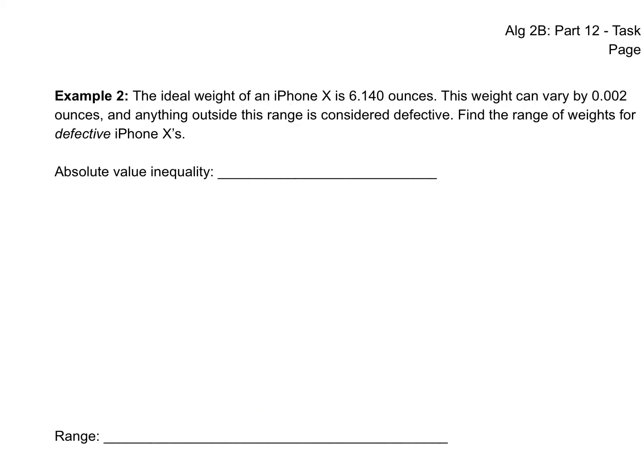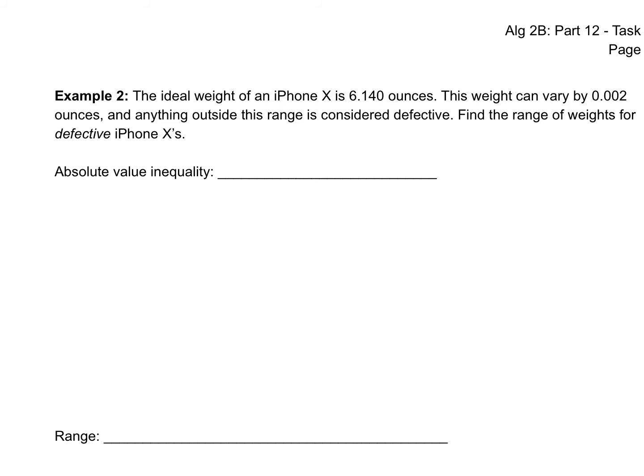Now, let's look at example 2. This is going to be the other type we're going to see. It says the ideal weight of an iPhone 10 is 6.140 ounces. This weight can vary by 0.002 ounces, and anything outside this range is considered defective. Find the range of weights for defective iPhone 10s.